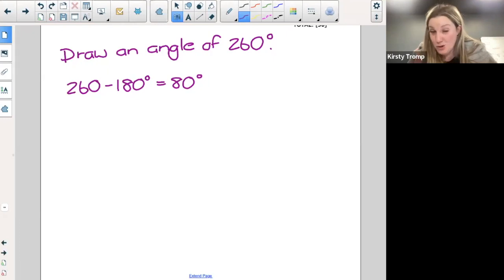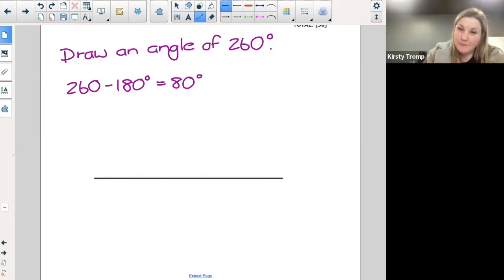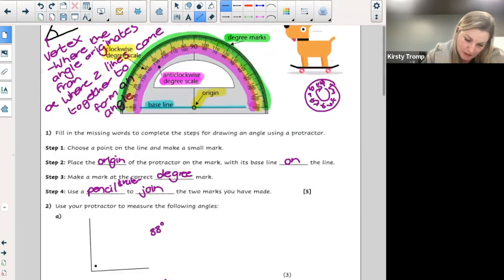So this is one way to do it, guys. Then you would take your line. Okay, you would draw a line. You would take your protractor. Go fetch mine from on top of the page quickly.